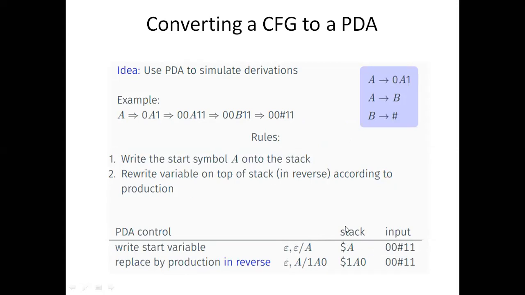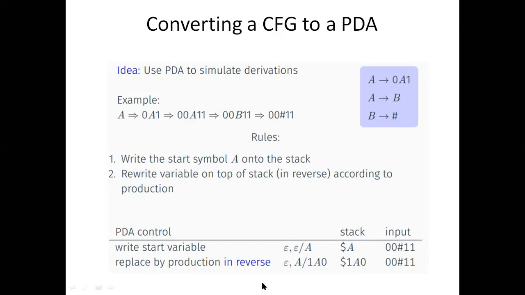Now this A on the stack top should be replaced by 1, A and 0. So we have to eventually push this. In order to push this, what transition should be there on the PDA?